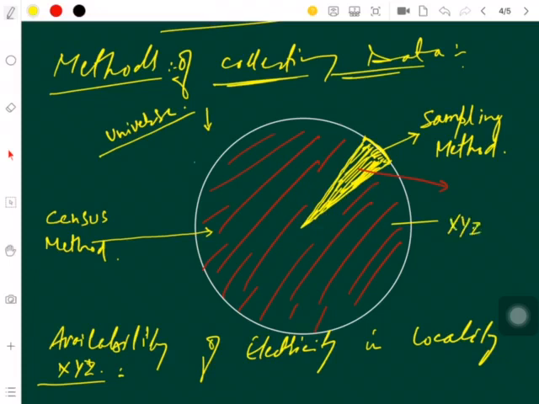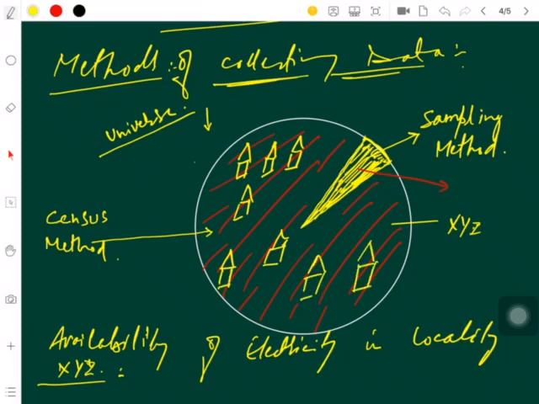You will not go to each and every household in locality XYZ one by one to ask what is happening, how is the electricity, do you have proper electricity, do you receive the scheduled cards, and so on. But you will select a particular section of households, and you will work on that section.